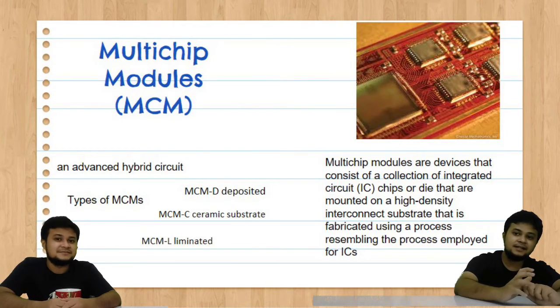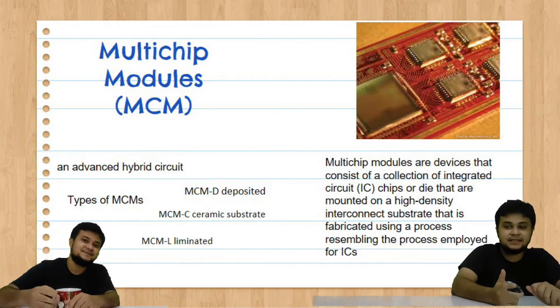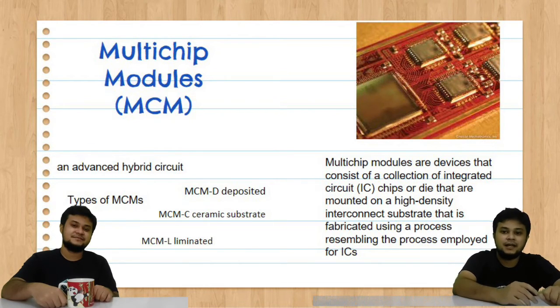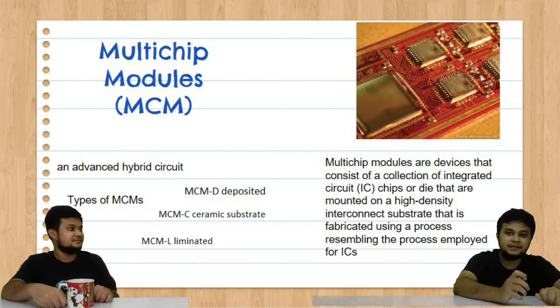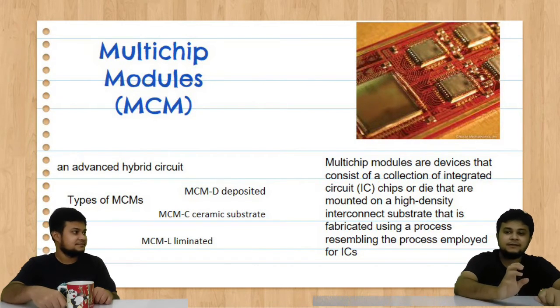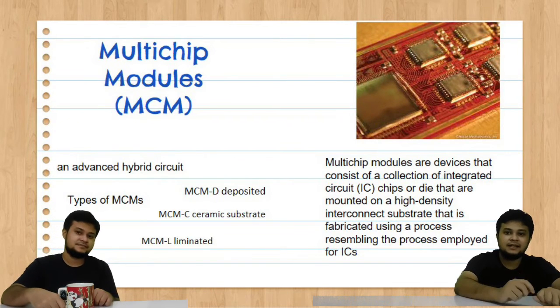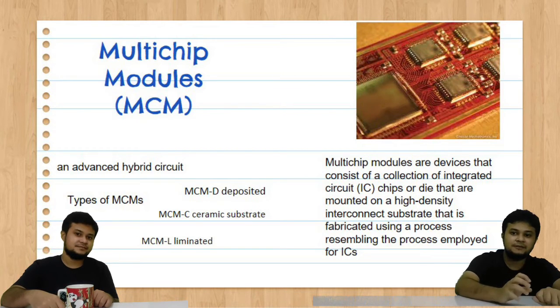Here we move on to multi-chip module, MCM. There are three types of MCM: MCM-D, MCM-C, and MCM-L. MCM-D is an interconnect substrate fabricated employing thin film technology with deposited conductor, while MCM-C is co-fired ceramic tape processes, and MCM-L is an interconnect substrate fabricated using the organic laminate PWB process.